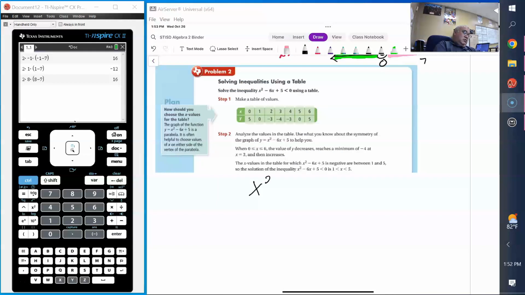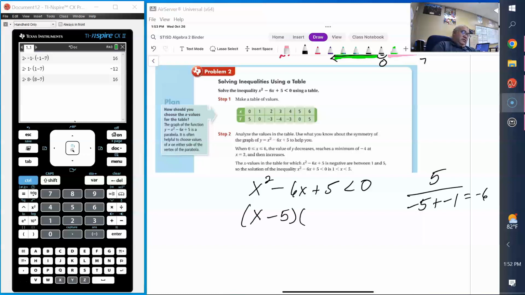I have x squared minus 6x plus 5 is less than 0, so I'm going to find the factors of 5. So it's negative 5 and negative 1, because that's going to give you positive 5, and this also gives you the middle term. So I have (x minus 5)(x minus 1) is less than 0.